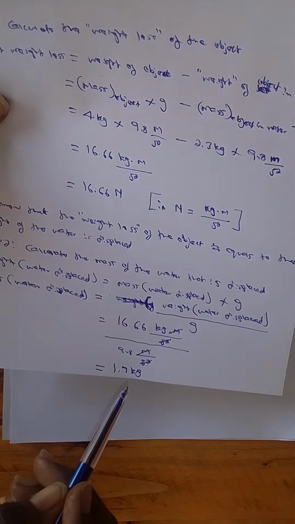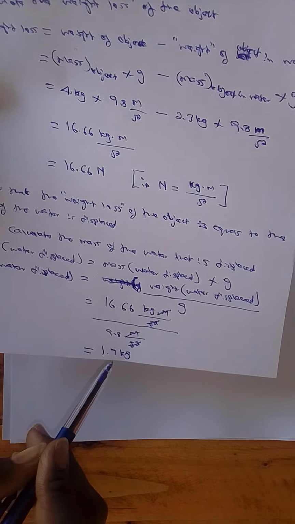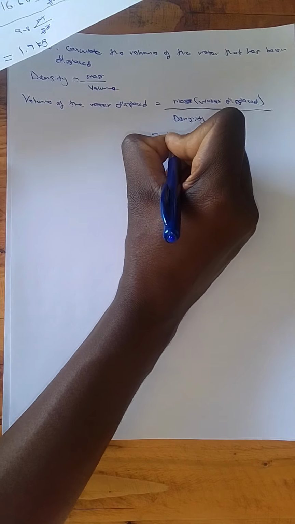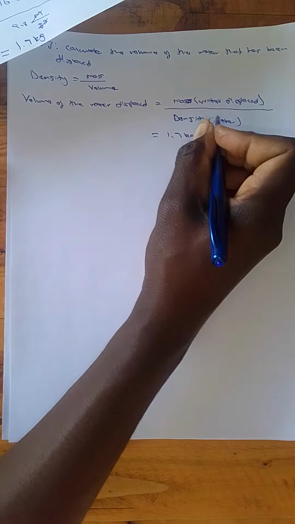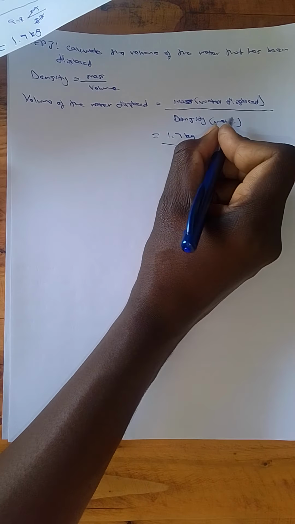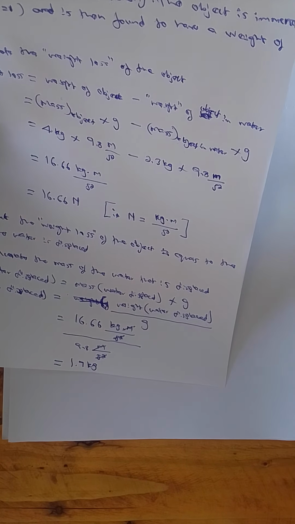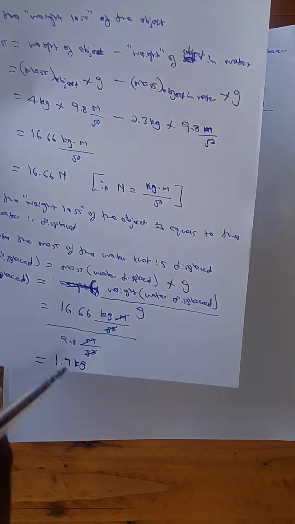So now, from what we calculated, we know the mass of the water displaced is 1.7 kilograms. So we can just say equals 1.7 kilograms all over the density of the water. We have been given it to have an Sg of 1, and we know that an Sg of 1 means 1 kilogram per liter.